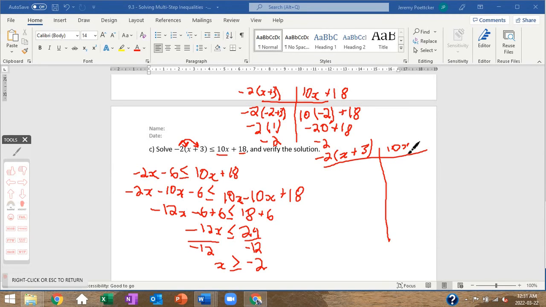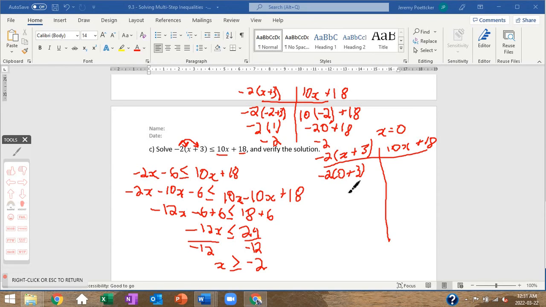10x plus 18. So again, here, I'm going to check this for x equals 0, because that meets this inequality, and it's a nice number. Okay, so we've got -2 times 0 plus 3. Well, that's easy.